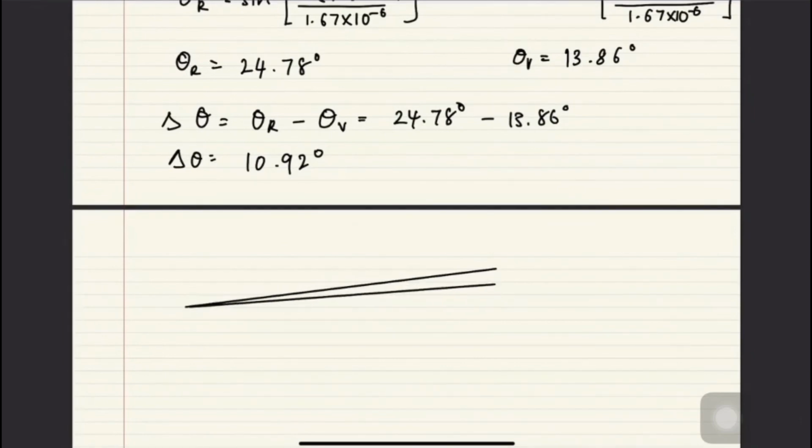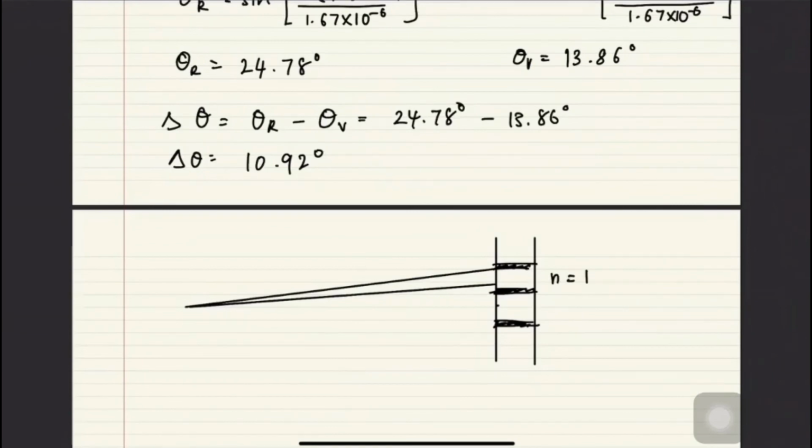Okay, maksudnya kalau pattern kamu tu macam ni kan. So basically this is the dark part. This one is dark. And this one is the bright part. Okay, so ini when n is equals to 1.